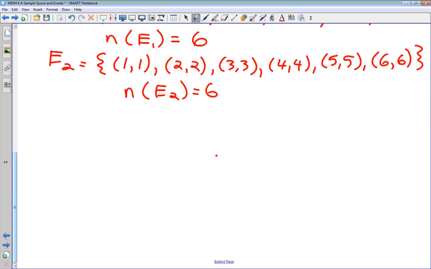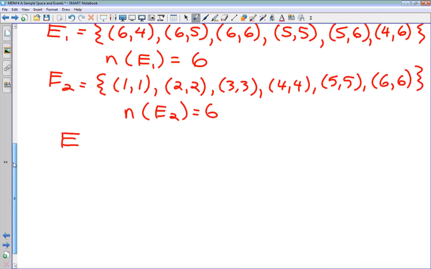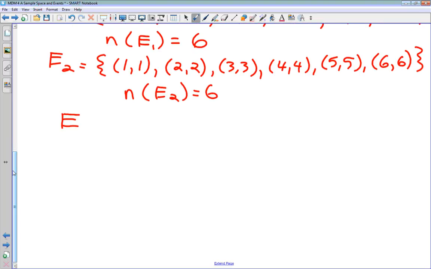So we're interested in the combined event space. Well, we're interested in this event space E, where the player wins. And they win if they roll greater than 9 or they roll doubles. So this event space E, where they win, is the union of E1 and E2.